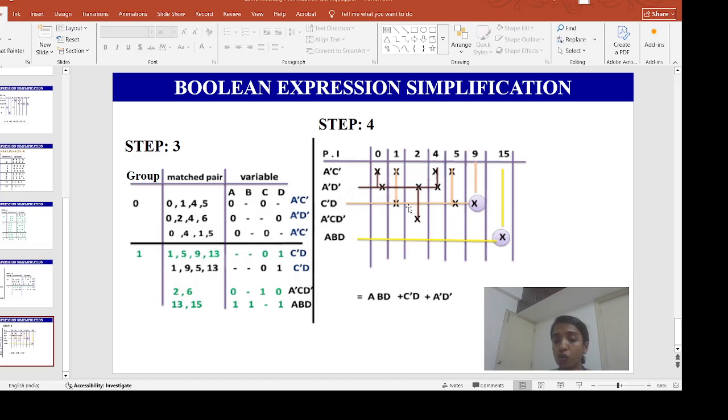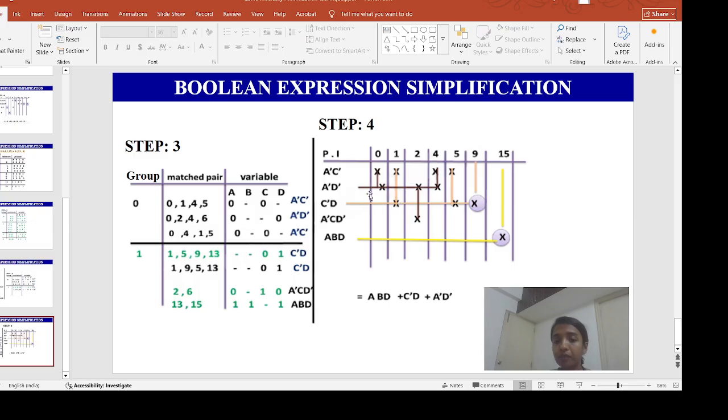If you observe this C bar D bar row, you can see this is one cross, this is one cross, so these crosses are nullifying each other. So we can write the expression as C bar D, and this is C bar and D.